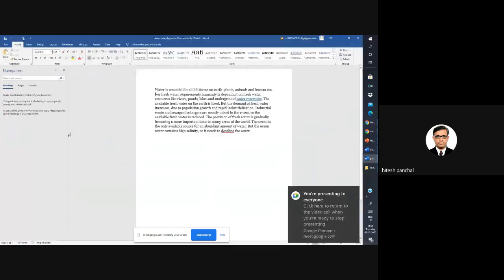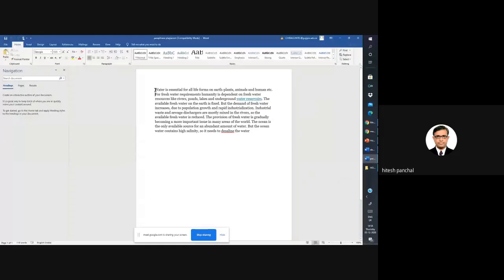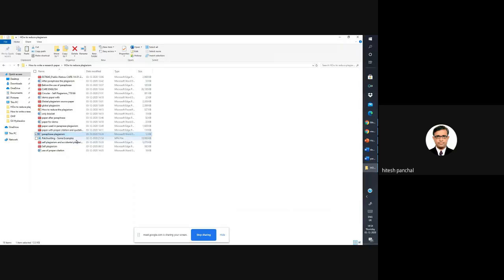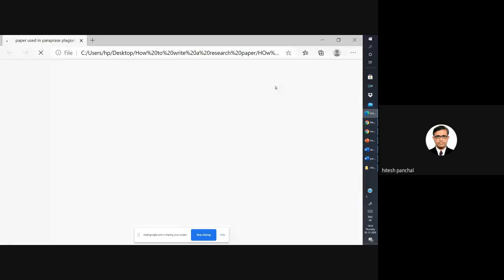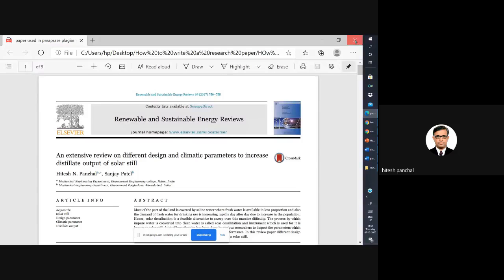Now this is the sentence which I have taken. If I put the paragraph into the Turnitin software, I will show you what happens, so you can understand very clearly after seeing the plagiarism. This is called a research article.